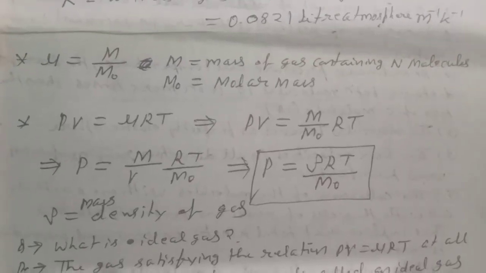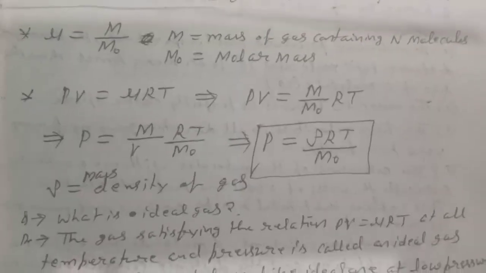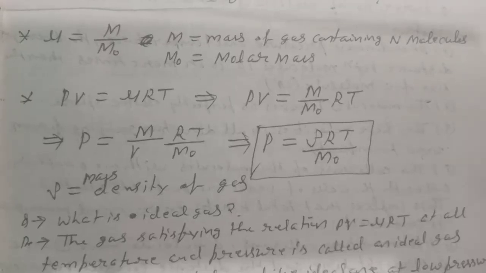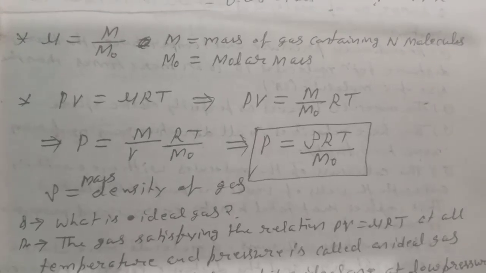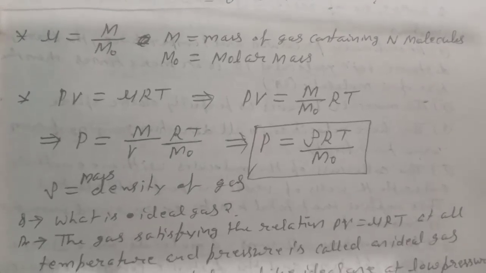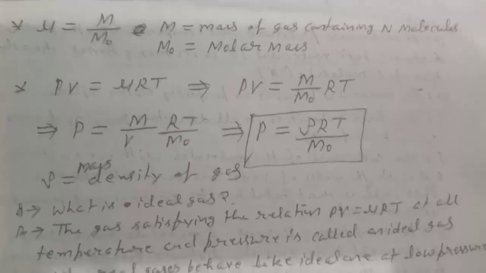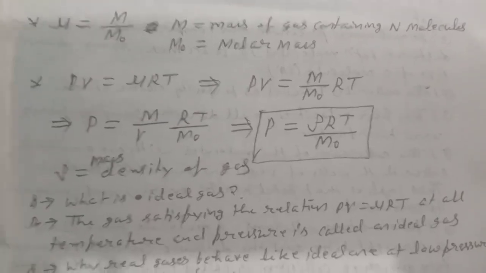Again, PV equals mu R T. This implies PV equals (m/m_0) R T, or P equals (m/V) R T/m_0, or P equals rho R T/m_0, where rho is the mass density of the gas. This is another formula.